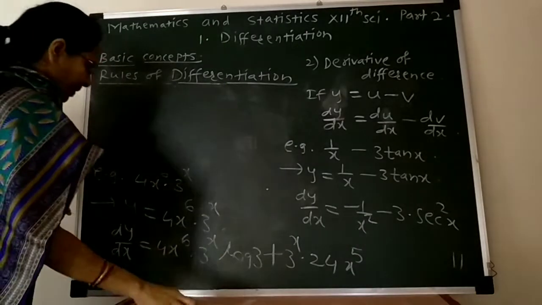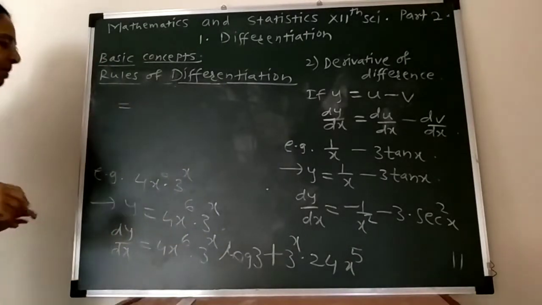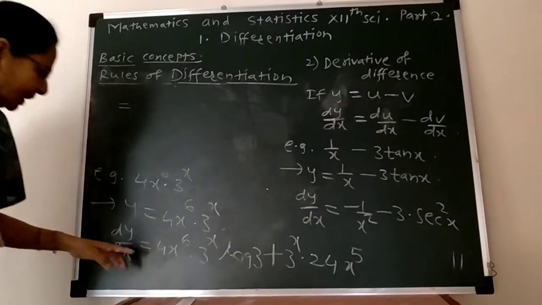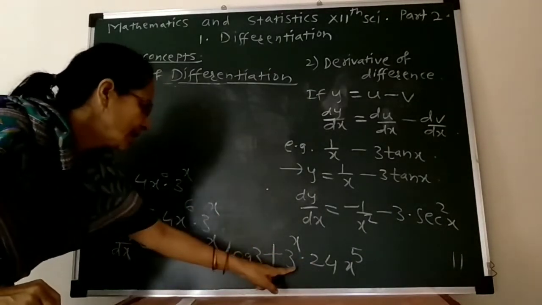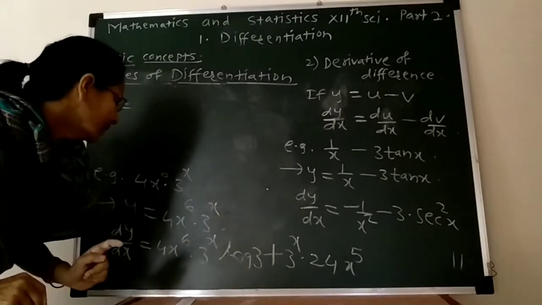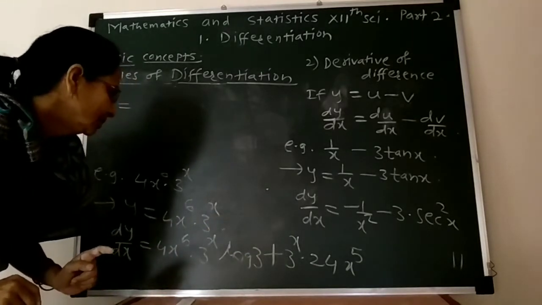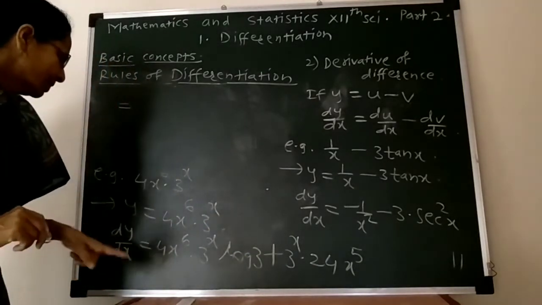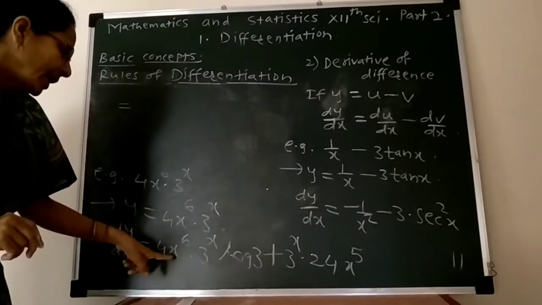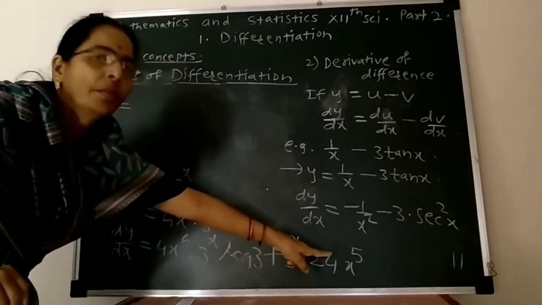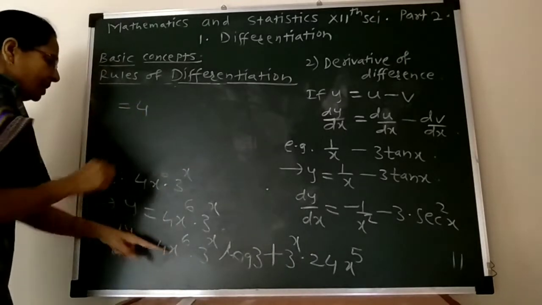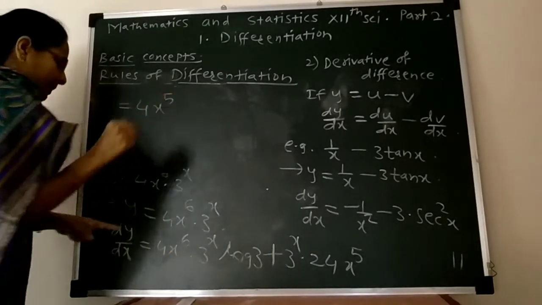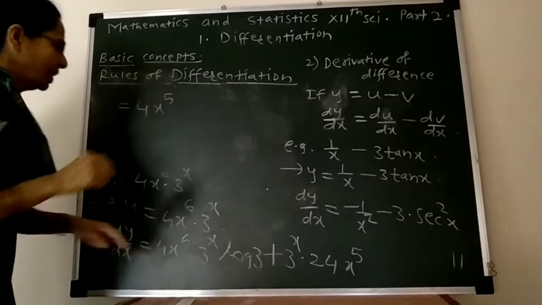See what are common. Common we take 4, 3 raised to x, these are the common terms we have to take. x raised to 5 also we take common. So common is 4, x raised to 5 and common is 3 raised to x.